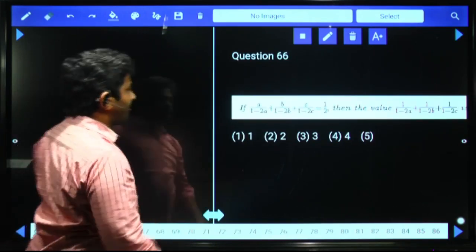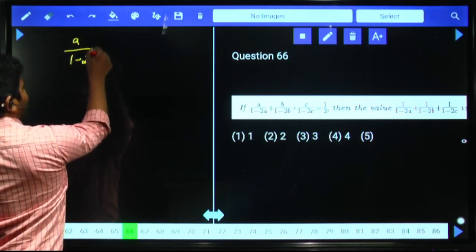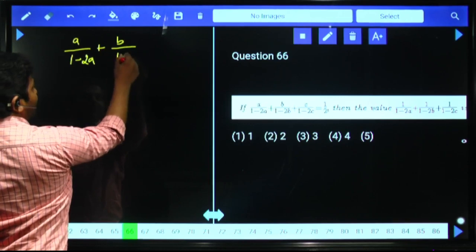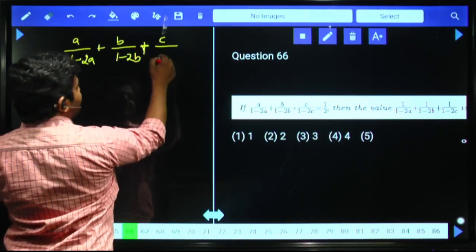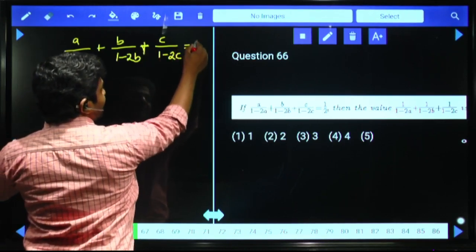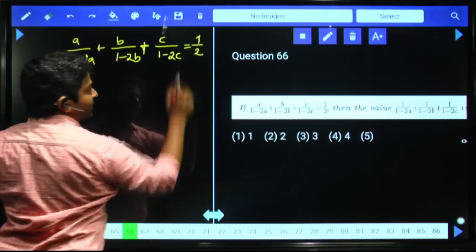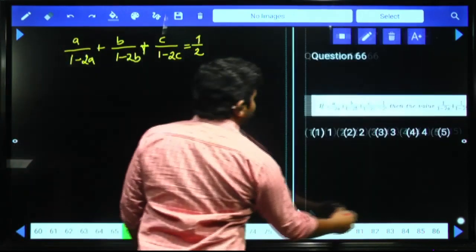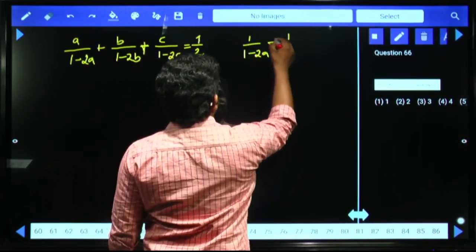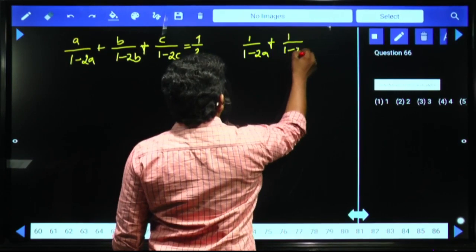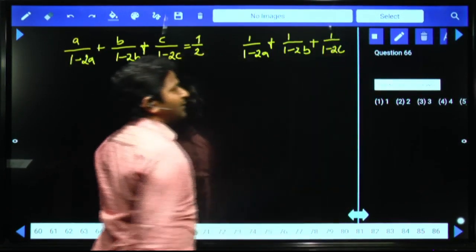So here also we have a by 1 minus 2a plus b by 1 minus 2b plus c by 1 minus 2c is equal to 1 by 2. Now your question is 1 by 1 minus 2a plus 1 by 1 minus 2b plus 1 by 1 minus 2c is equal to how much?